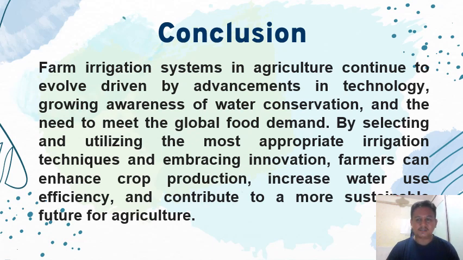By selecting and utilizing the most appropriate irrigation techniques and embracing innovation, farmers can enhance crop production, increase water use efficiency, and contribute to a more sustainable future for agriculture.